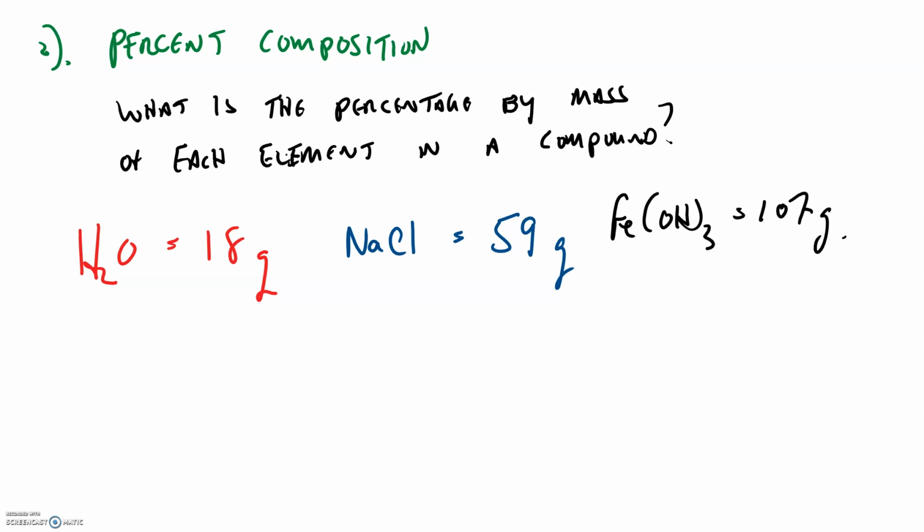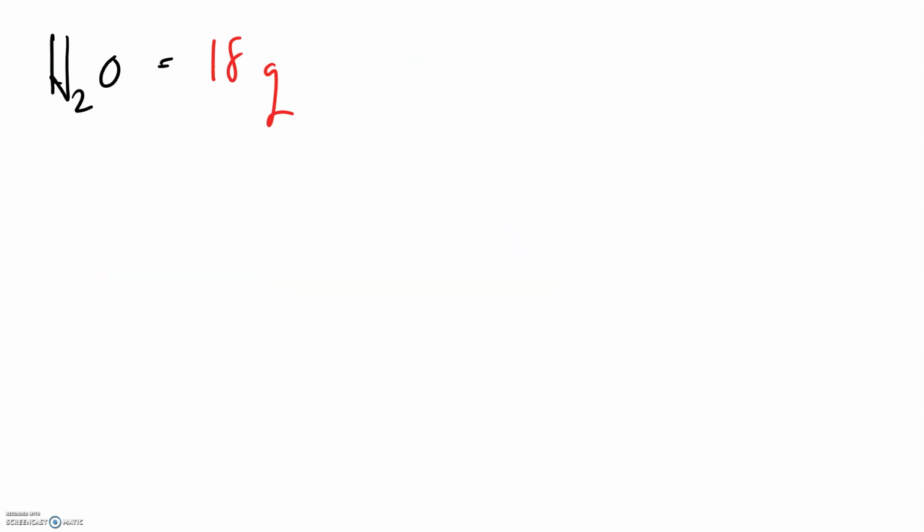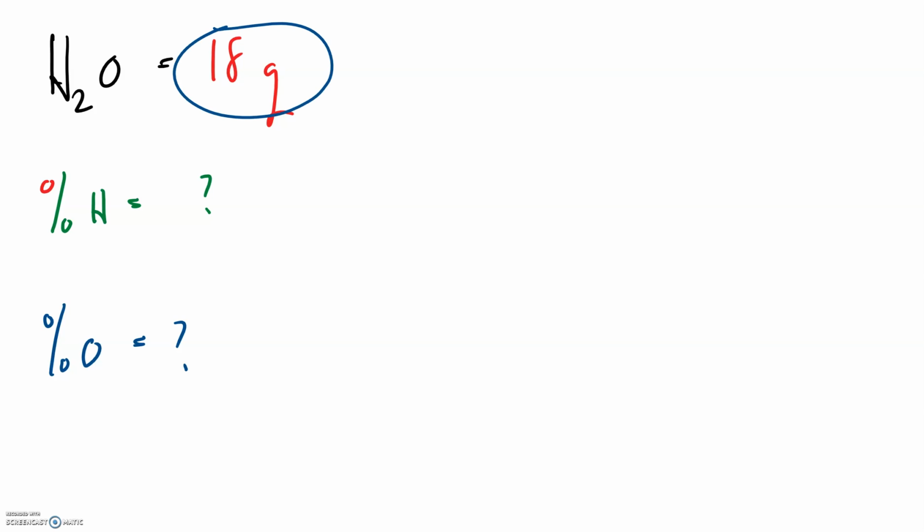Here's what we mean. Let's take our buddy water. So we know that water has a molar mass of 18 grams. We want to ask what percentage of that 18 grams is hydrogen, and what percentage of that 18 grams is oxygen. So here's how we do that. If we know the molar mass is 18 grams, what mass of that is hydrogen?